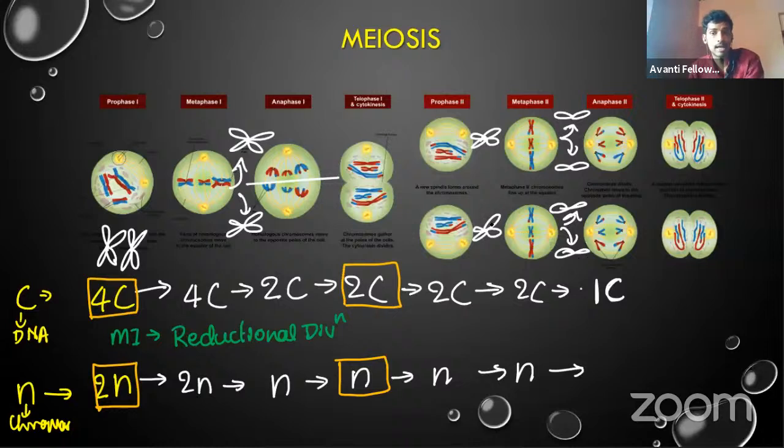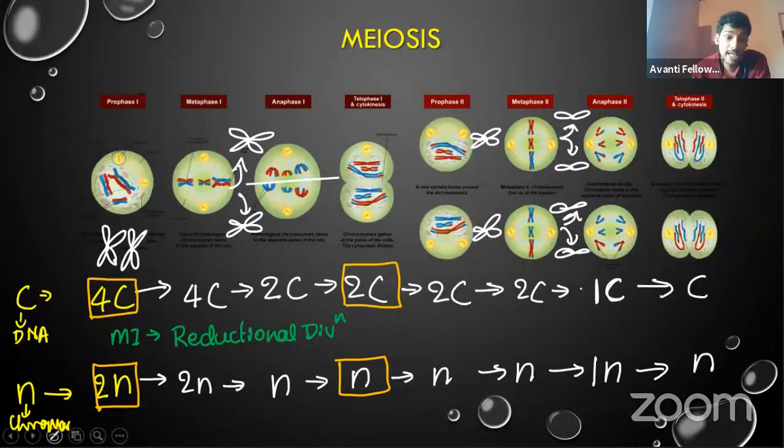Because until this point we had two chromatids in a cell, but here I can see only one chromatid left. That's why we call it 1C, only one DNA content left. What about the chromosome number then? It is also the same, only one centromere here, and only one centromere here. That means no change. That's equal to 1N, or simply N.